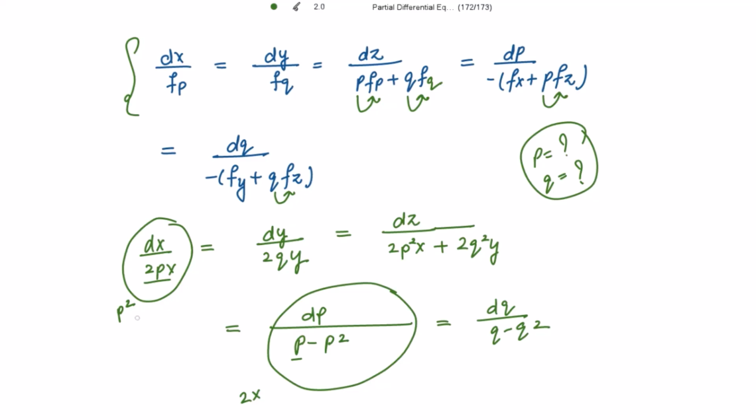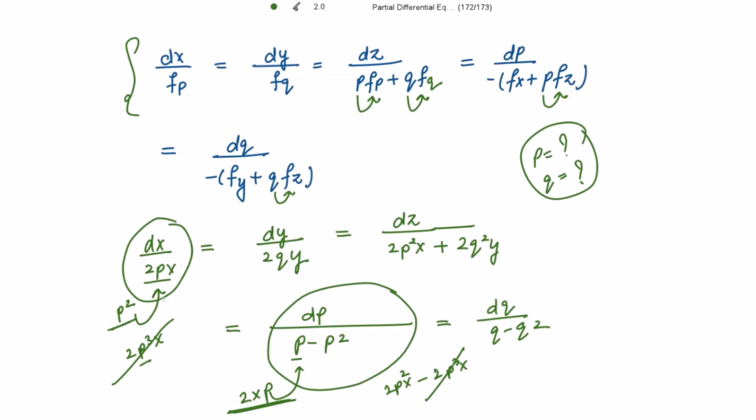So if I take p square with this denominator, I get 2p cube x, and on multiplying 2x I get 2px minus 2p square x. I'm having an extra p over here, so if I multiply also p with this, I get 2p square x and 2p cube x, so that I can cancel these two, right? So let's take the multiplier 2px for this and p square for this.